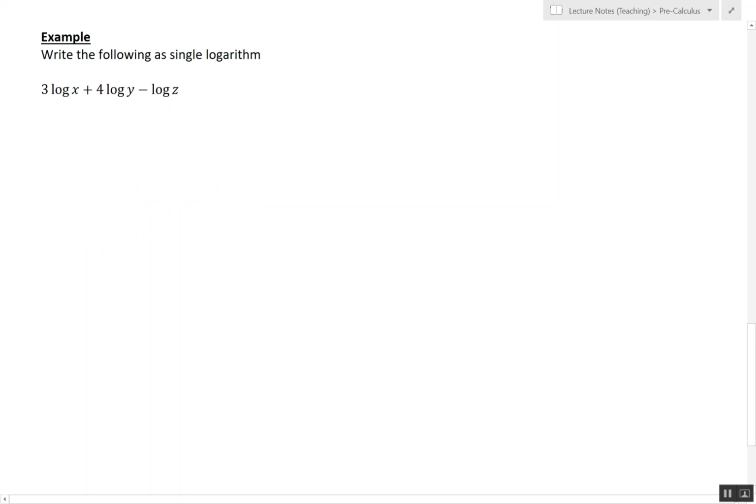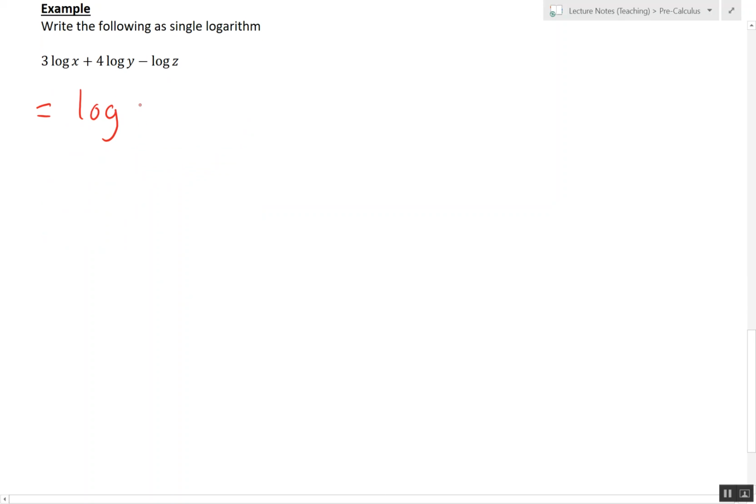Second example: write this as a single logarithm. The first thing you should do with these is, if you have coefficients out front, you should always bring them inside. So log base 10 of x cubed plus log base 10 of y to the 4th minus log of z. And then what we're going to do is combine. Notice that this minus turns things into fractions, so we're going to leave the minus for last.